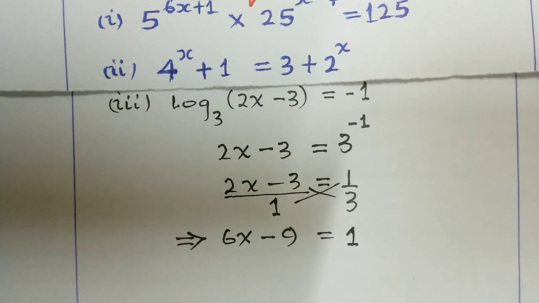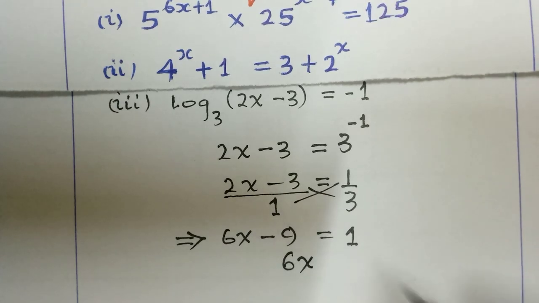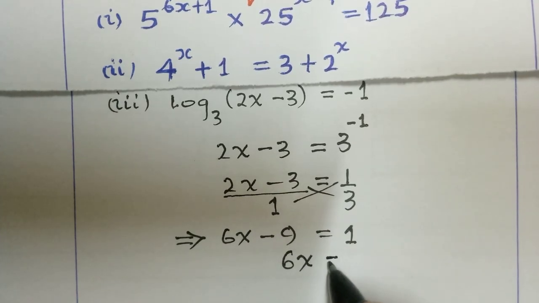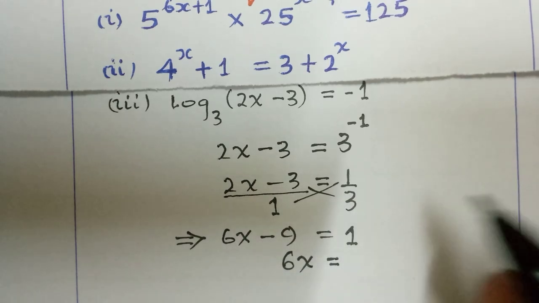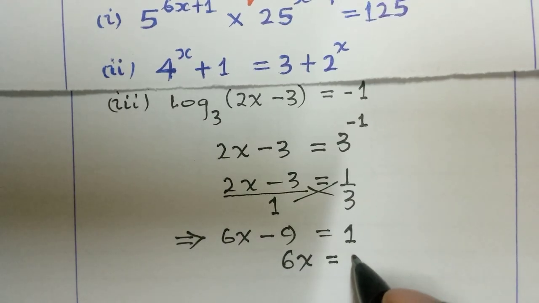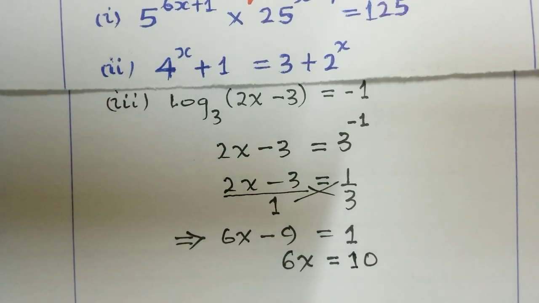And so therefore, guys, we can leave the like term x this side, 6x. This one now equals 9. We can now put it on this other side, so that now we get 10, because you shall have 9 plus 1.